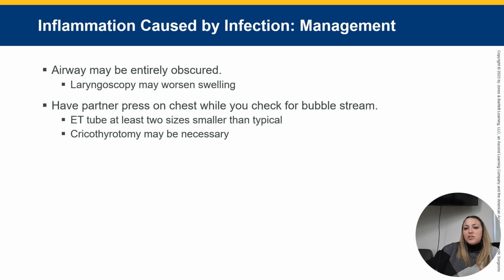And be prepared, as your backup method if your laryngoscopy doesn't work, you might also have to do a cricothyrotomy, because if you close off that airway or irritate it, you need to breathe for them, and that's going to be your backup plan.